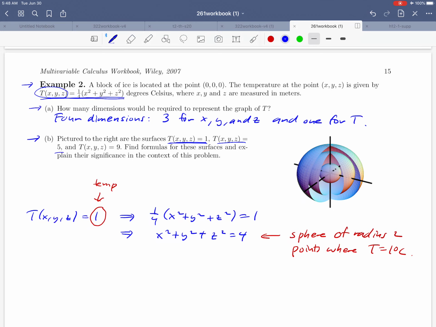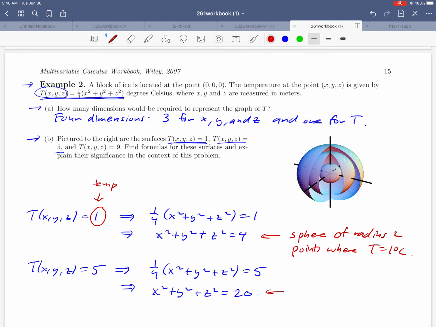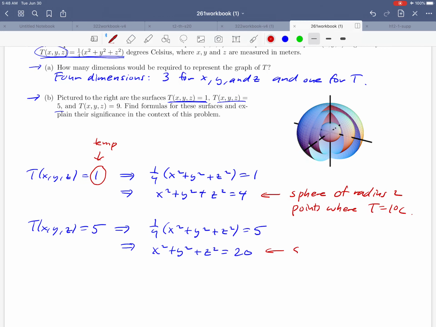So T of x, y, z equals 5. Very similar calculation, just that we're setting our temperature equation equal to 5 in this case. We'll do what we did before, multiply both sides by 4, and what we wind up with is x squared plus y squared plus z squared equals 20. That's also a sphere. What is the radius of the sphere?